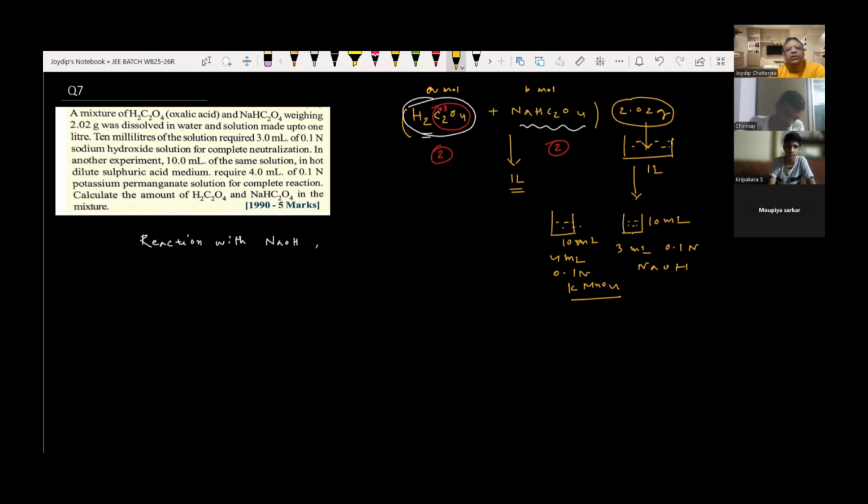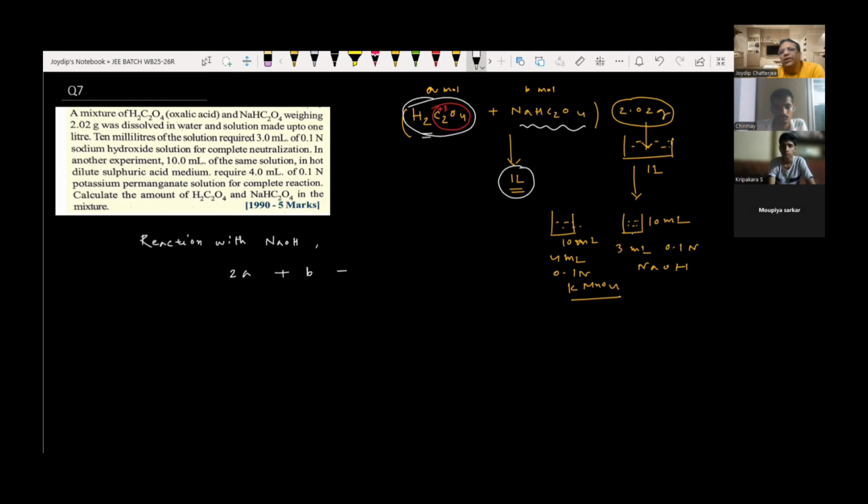So here, if I consider reaction with NaOH, the number of equivalents will be 2 into A. In this case, with NaOH, the N factor is 1, so only B. But again, what we have to remember is that this entire 2.02 gram is dissolved in 1 liter.